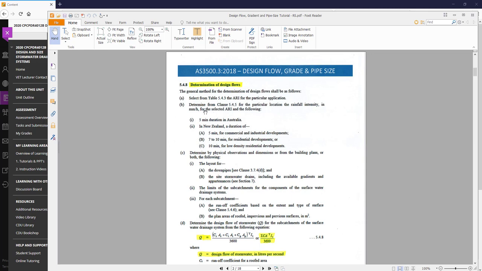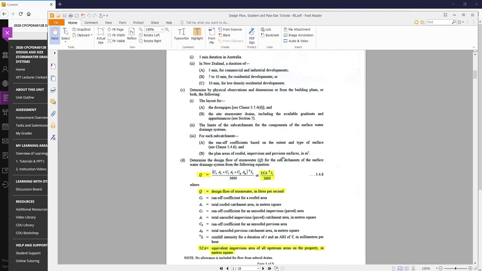You can go and do that if you wish, but in Australia it's a 5-minute duration that we've allowed for. And the other important thing to note here is the formula which we use in order to extrapolate out how many square metres are going into the stormwater drains.